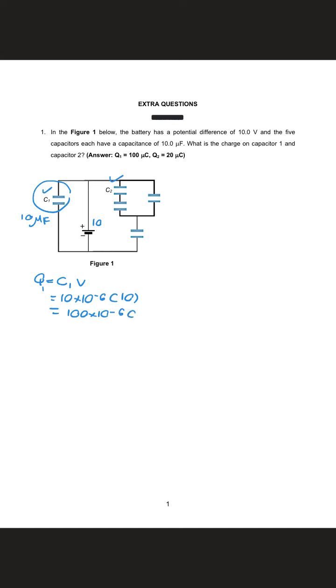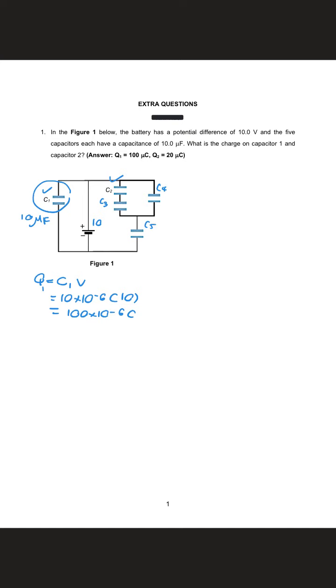But for C2, the first thing you need to do is find the C equivalent, or the total C. I'm going to denote the others as C3, C4 and C5 to make it easier to put the subscript.